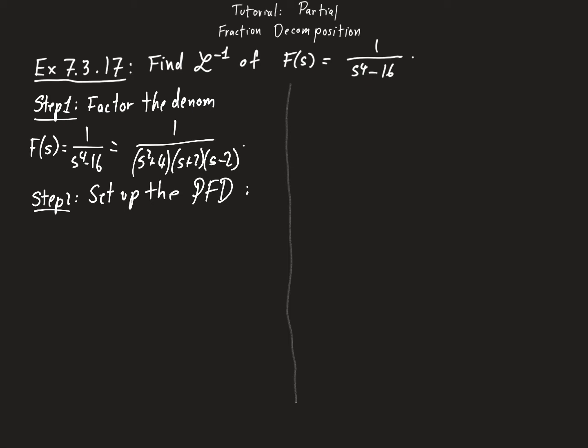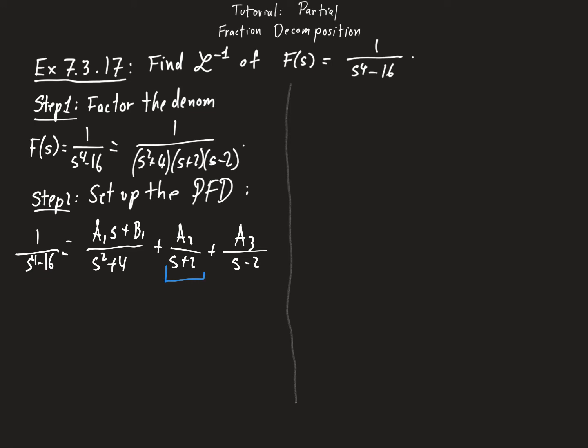And what we'd get here is that 1 divided by s to the fourth minus 16 is going to decompose as follows. We'll have a1 s plus b1 divided by s squared plus 4, plus a2 divided by s plus 2, plus a3 divided by s minus 2.